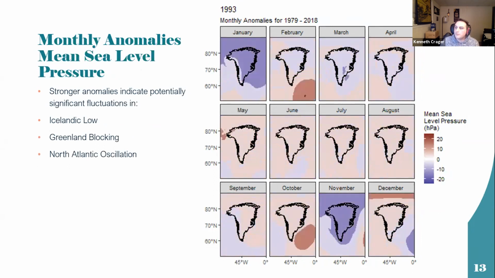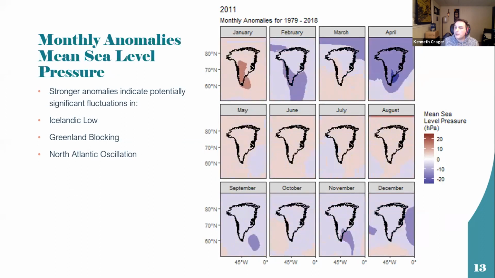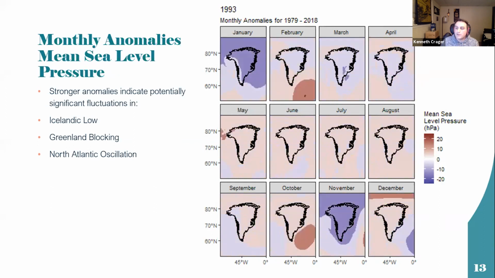Moving on to the mean sea level pressure. The biggest takeaways I've seen thus far: as the stronger anomalies propagate through, it really shows stronger and potentially significant fluctuations in some of the key pressure systems, like the Icelandic low and the Greenland blocking, but more importantly, the North Atlantic Oscillation, which really governs a lot of the climate we experience in North America and in Europe.